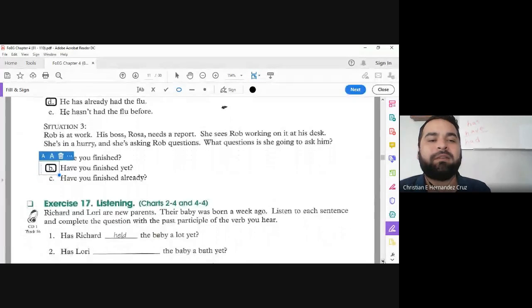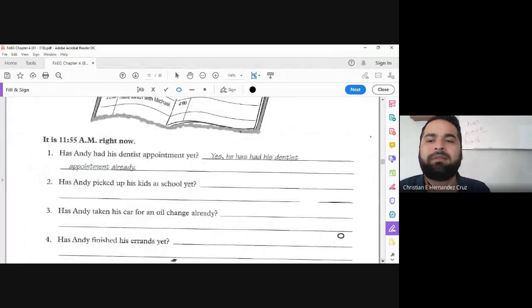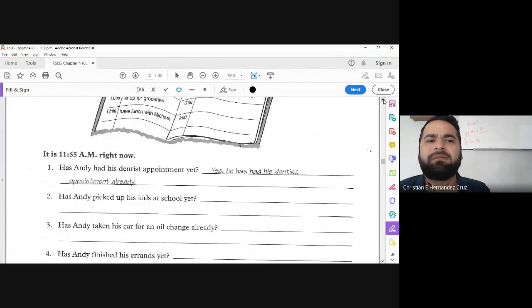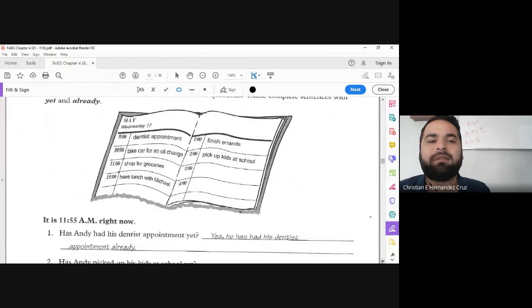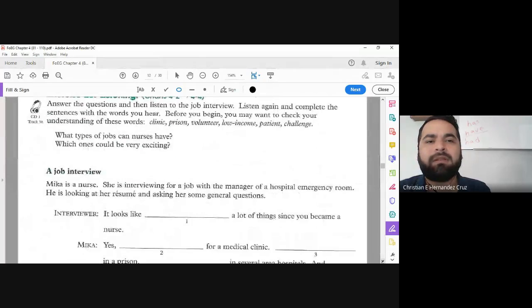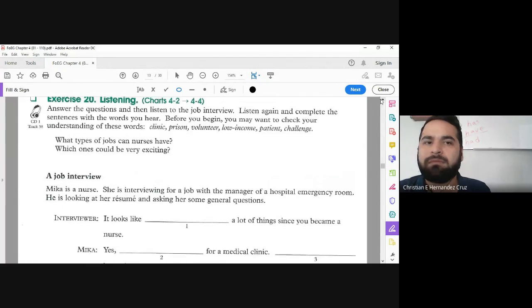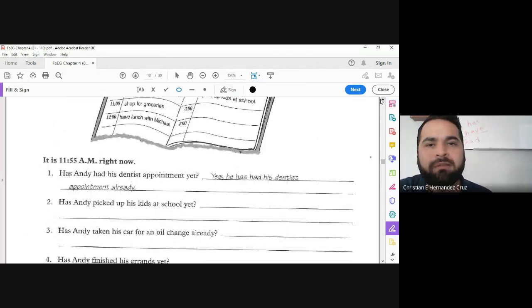Okay, let's continue. We're not going to do 17. We're going to go to number 20. Is this 20? Oh, no, this is 18. Okay. Oh, wait a minute. Oh, I thought que no vamos a hacer. So, yeah, we are going to do 18.